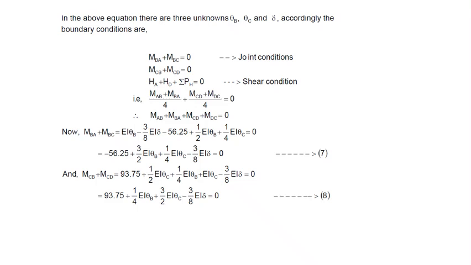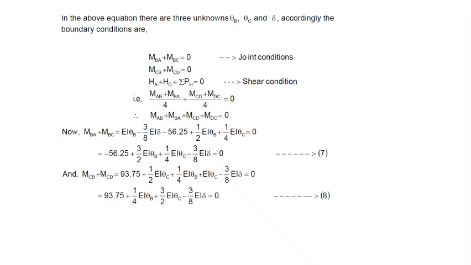Shear equation is horizontal shear HA plus HD, plus it is resisted by the external force, that is equal to 0. So based on this, HA means MAB plus MBA by 4, and HD is MCD plus MDC by 4, equal to 0. So from this we can get MAB plus MBA plus MCD plus MDC equal to 0.